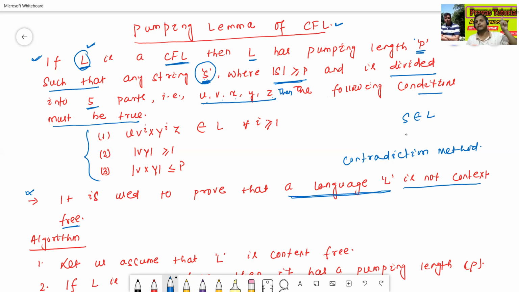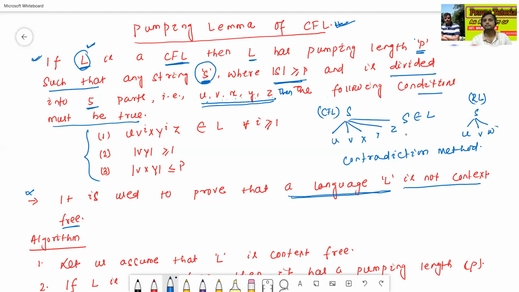But in case of context-free language, the string S is divided into 5 parts: u, v, x, y, z.